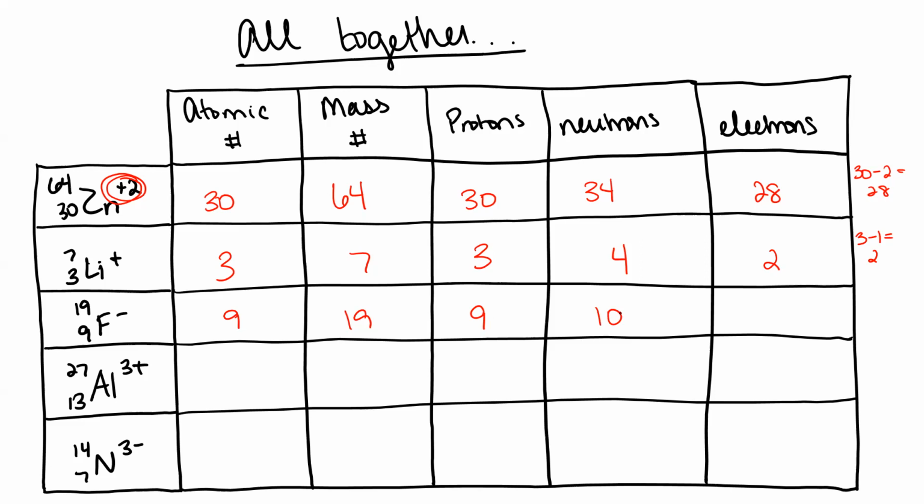So we have 9 protons, or 9 for an atomic number, and we want to subtract off the charge number. But the charge number is negative. So it is 9 minus negative 1, which actually is 9 plus a positive 1. So we have 10 electrons, which makes sense.